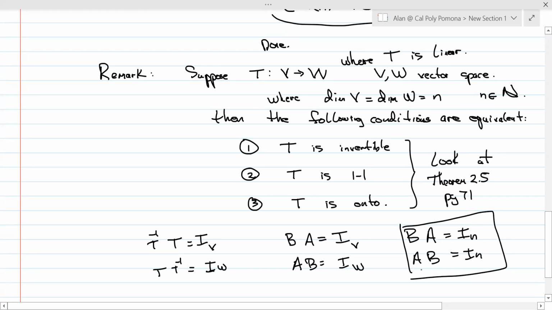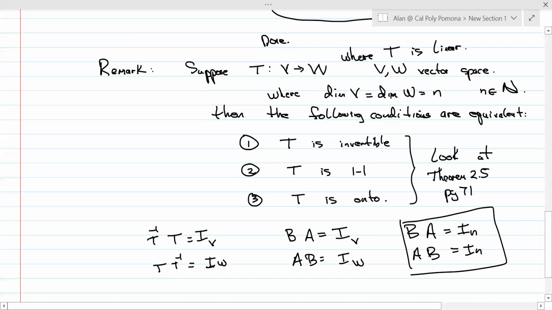So what does invertibility of the transformation imply for the corresponding matrices? It means that the product of 2 matrices would have to commute first of all. So you'd have to have AB equal to BA because they're both equal to the same identity matrix. And they give you an example, which is a decent place to stop here, I guess.